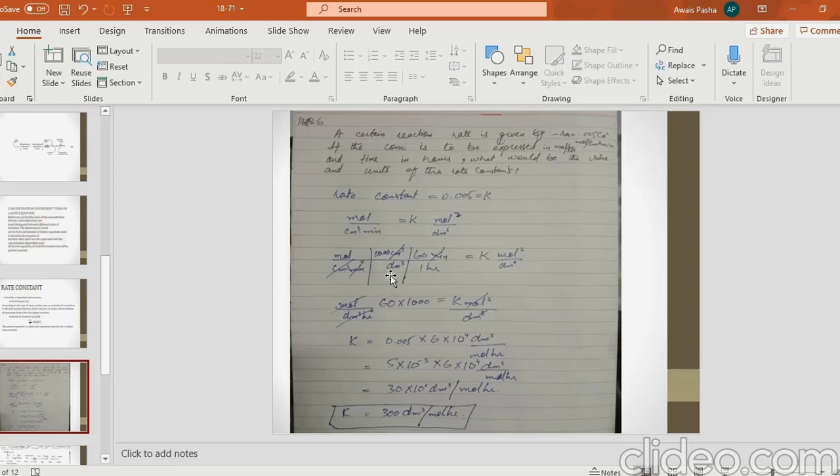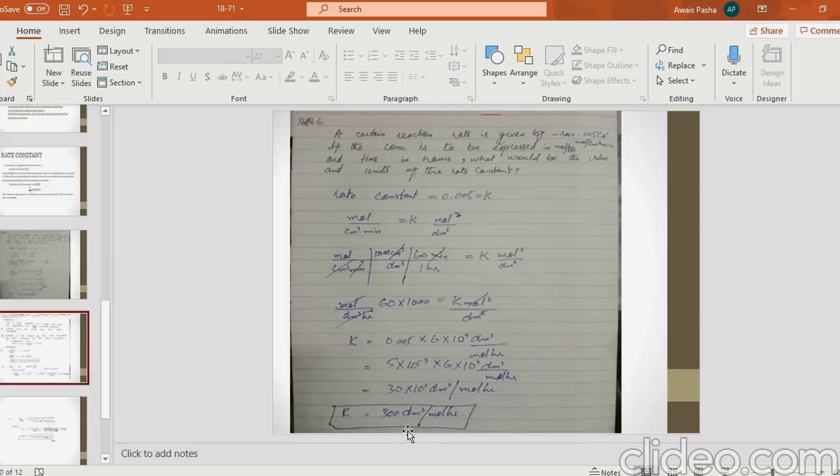Then we divide minute by 60. When we flip the value, it becomes the numerator. Now the value will become 60 multiplied by 1000, that can be written as 6 into 10 raised to power 4. When this value is multiplied by 0.005, then we have 30 into 10 raised to power 1, which can be written as 300 decimeter cube per mole per hour.